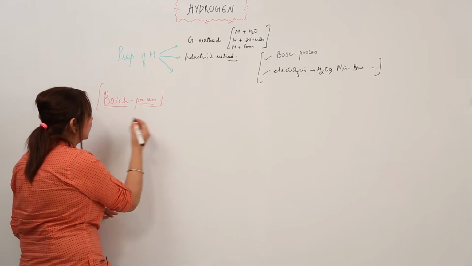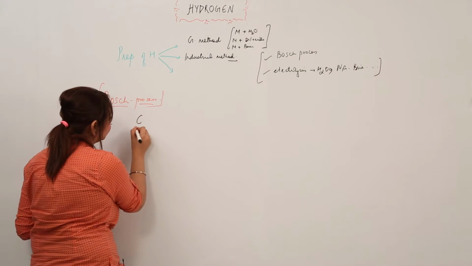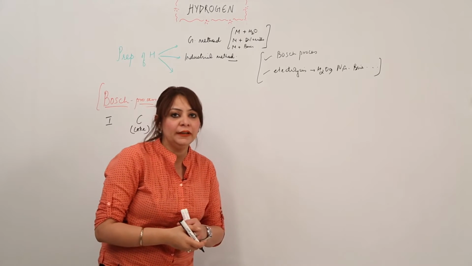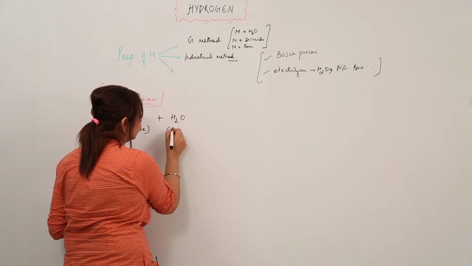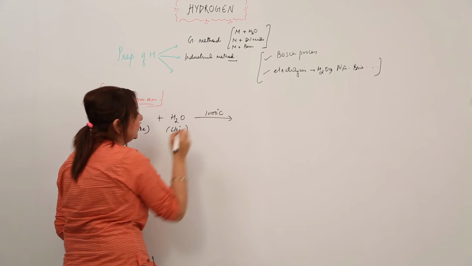The first thing we do is take coke. You know that coke is a powder form of coal, right? We pass steam through it, and approximately the temperature is 1000 degrees Celsius.